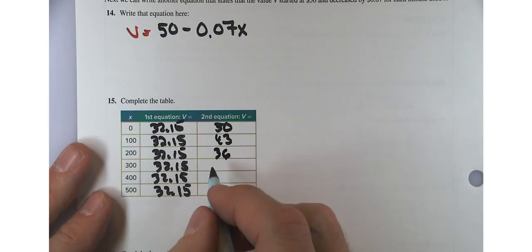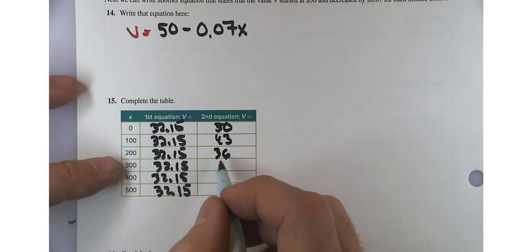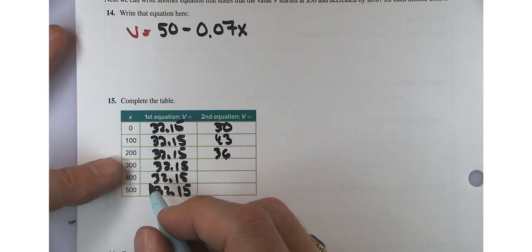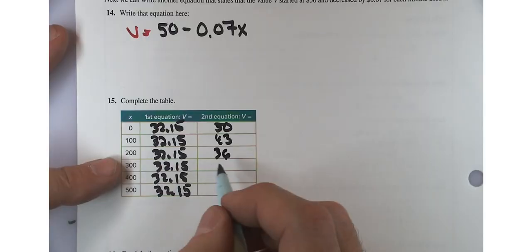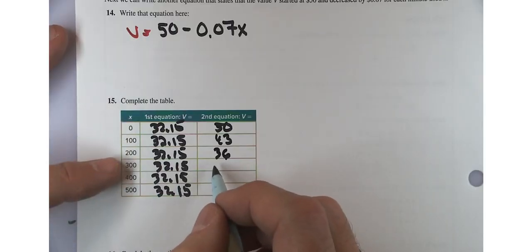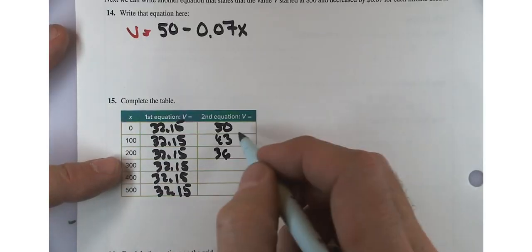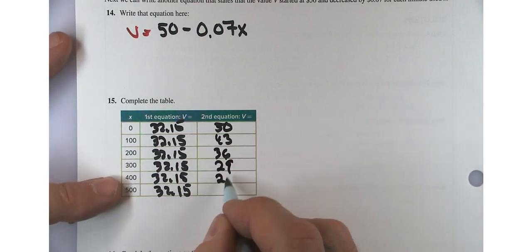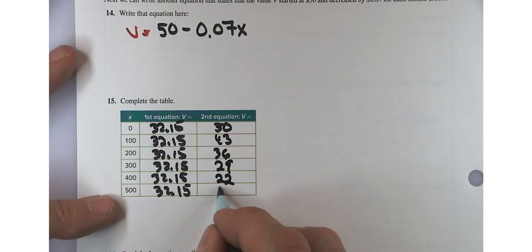Spend another $7. So we'll use another 100 minutes. Now how much is left? Yeah, 29, 22, 15.